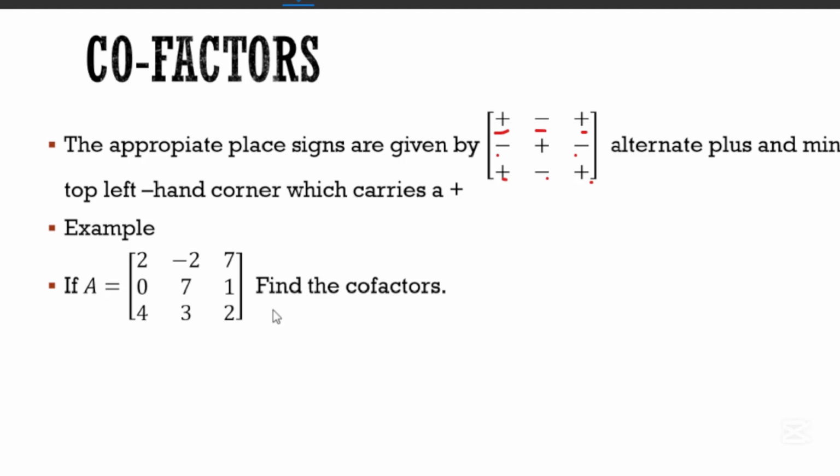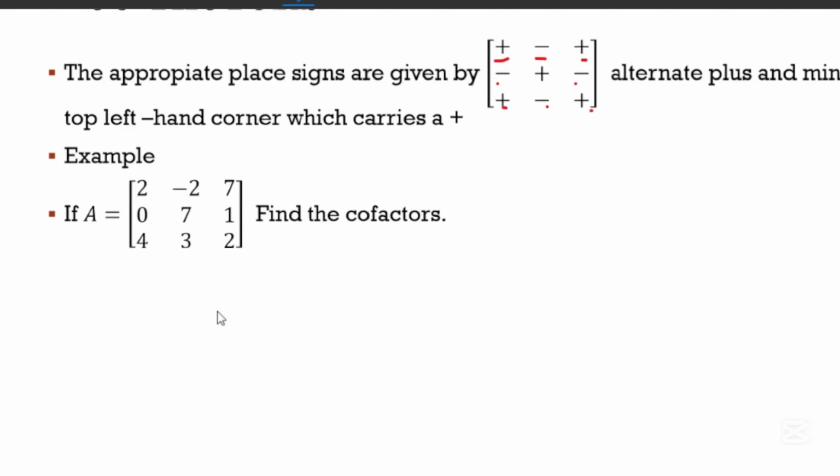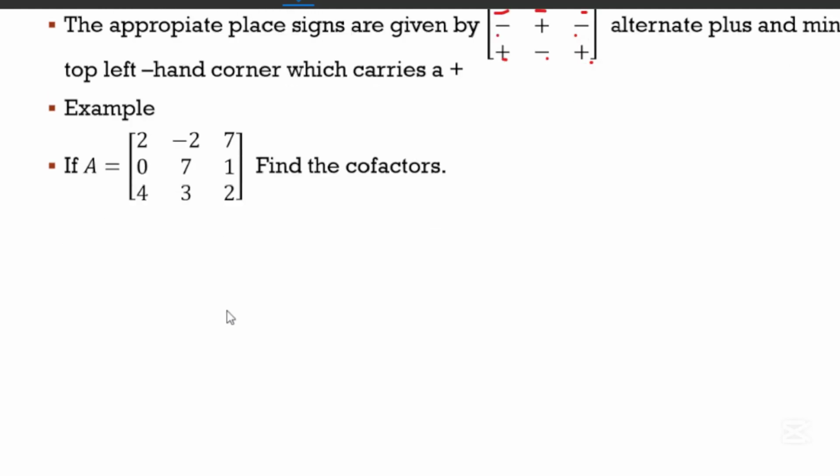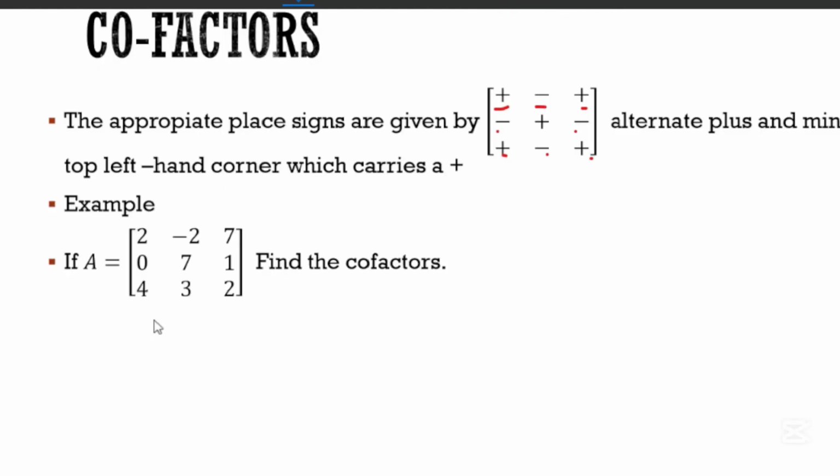So if you have to find a cofactor of this element, we are targeting the first one, which is C11. The formula for finding the cofactor of an element is given by (-1) to the power i plus j, times our minor.